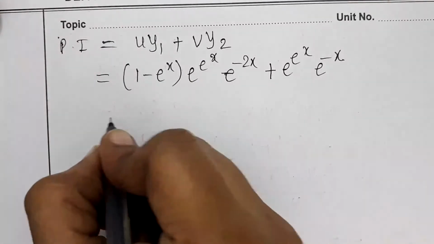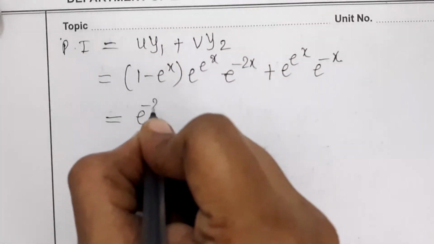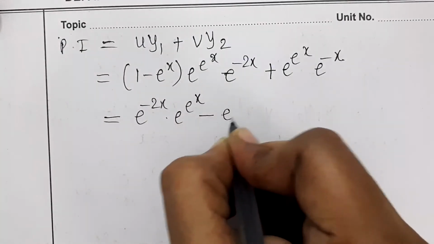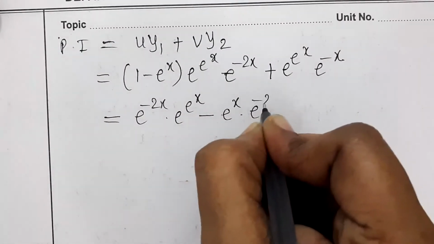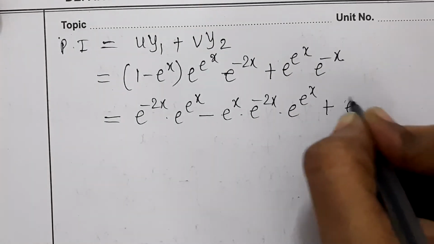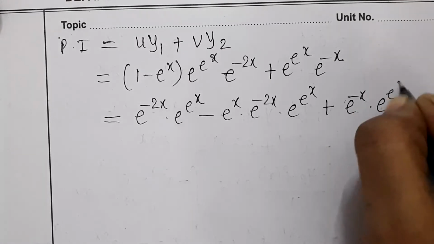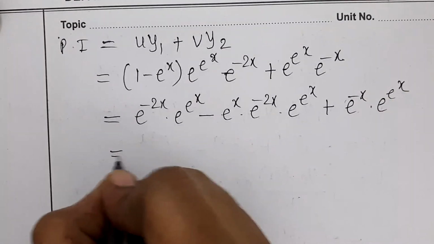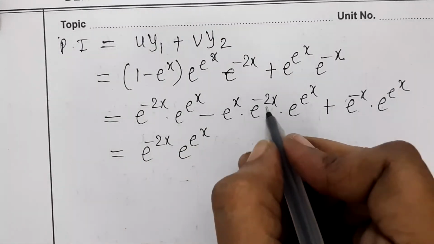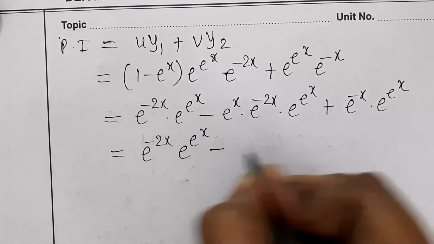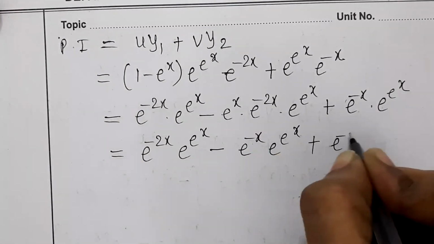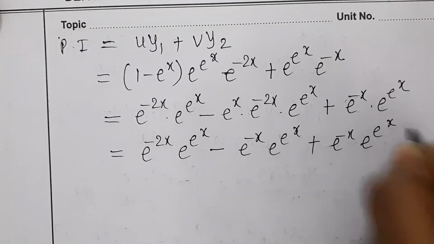Now simplify this term. It is e to the power minus 2x multiplied by e to the power x minus e to the power x into e to the power minus 2x into e to the power x plus e to the power minus x into e to the power x, which is equal to e to the power minus 2x into e to the power x, minus e to the power minus x into e to the power x plus e to the power minus x into e to the power x.